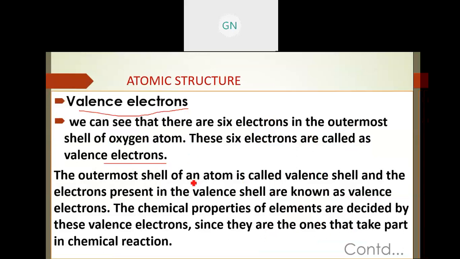The outermost shell of an atom is the valence shell, and the electrons present in the valence shell are known as valence electrons. The chemical properties of elements are decided by how many electrons are filled in the valence shell.